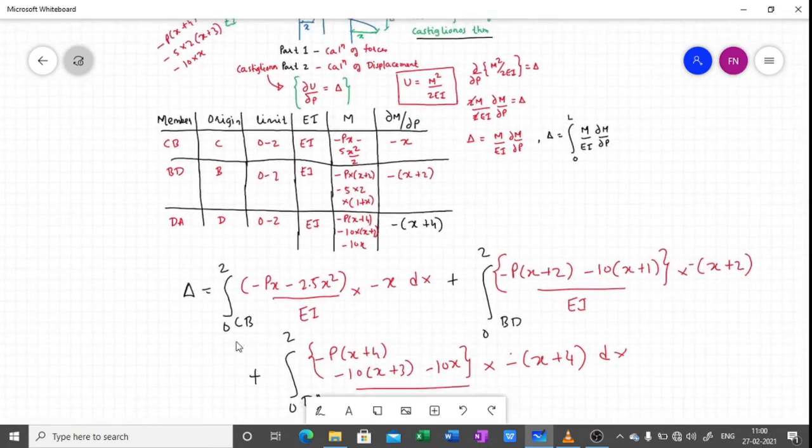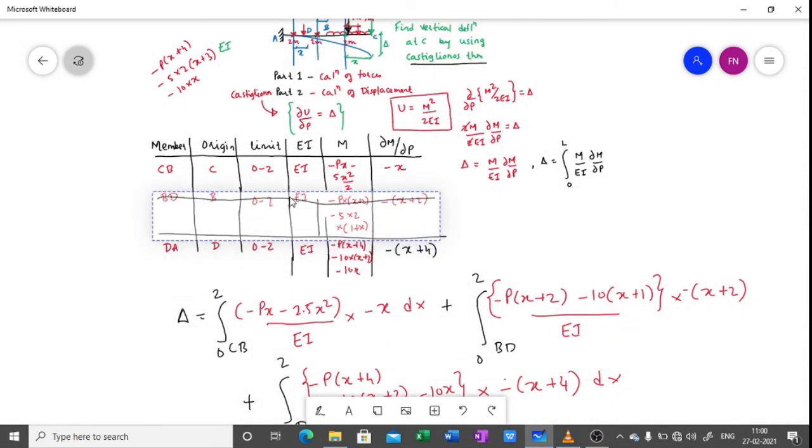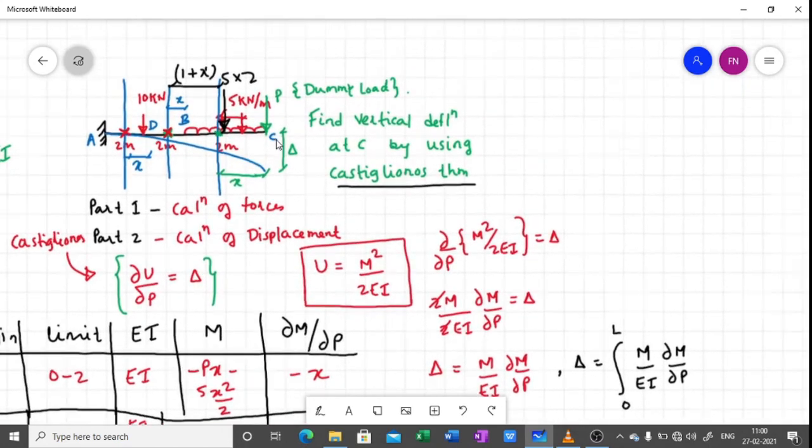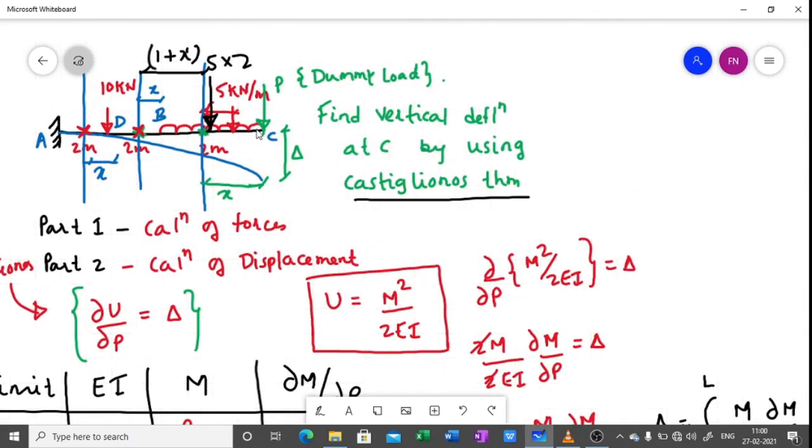Now you see, again we will go to the problem. See, we have taken the value of P. This is a dummy load. Actually, it is not applied at point C. We are just taking an imaginary load, a dummy load, because actually it does not exist.